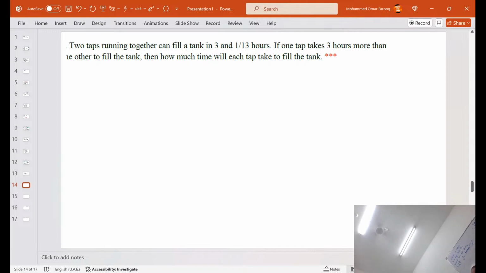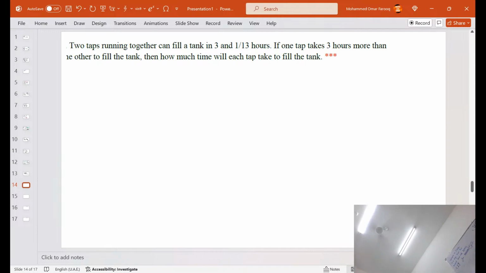Now see, by combining, how much time does it take when the two taps work together? The two taps fill in 3 1 by 13 hours. So 3 1 by 13 means 13 threes are 39 and 40 by 13 hours.